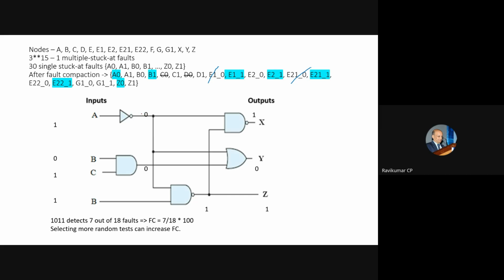One possible reason why stuck at 1 faults could occur is there is actually a short circuit between that node and the VDD wire. When they laid it out, maybe these wires are running very close to one another, and they could result. When they do the manufacturing, they use acids to remove the extra metal between the two nodes.